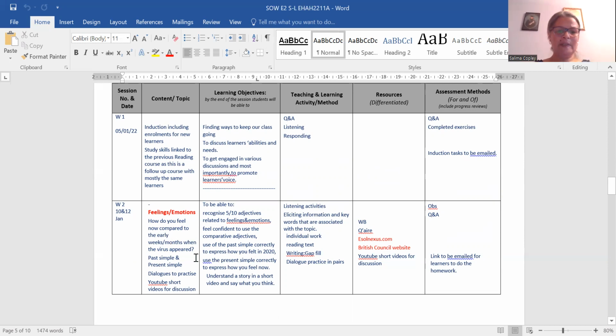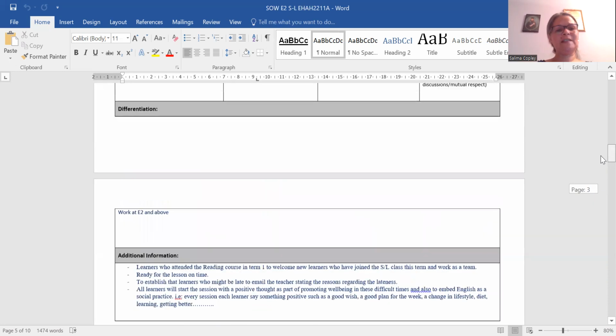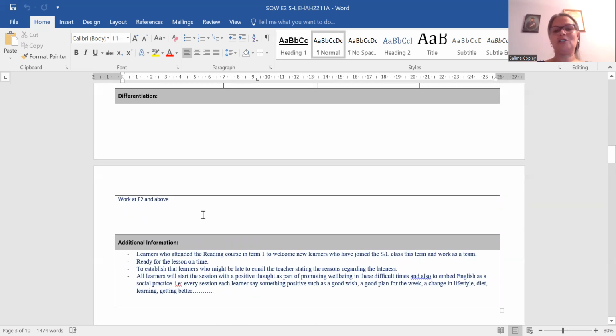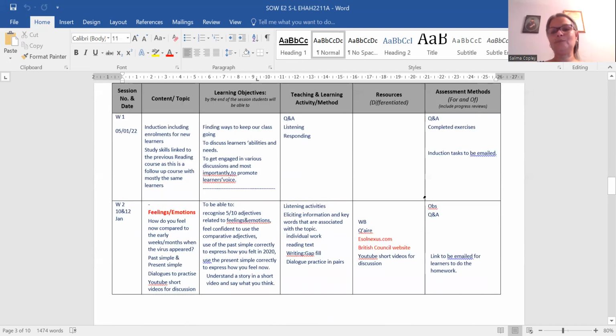In this first lesson, you can see that it is filled more than the first week. Once I have established everything in week 1, I would then be able to write something on differentiation, because that was a whole week meeting the learners, so I would know who needs what. Please do take a screenshot.